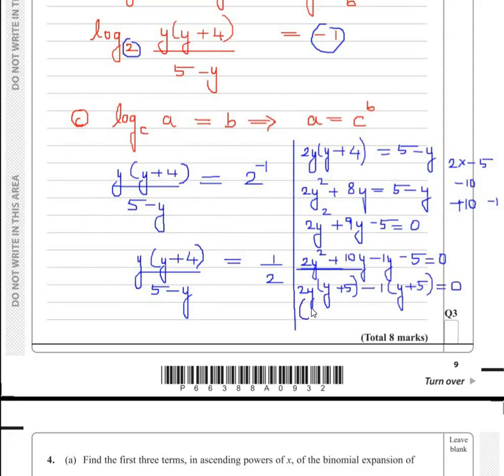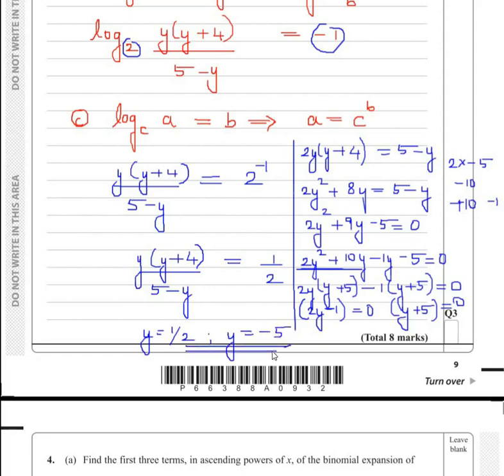So we have the two factors as 2y minus 1 equal to 0 and y plus 5 is equal to 0. So finally we get the values of y as y is equal to half and y is equal to negative 5.